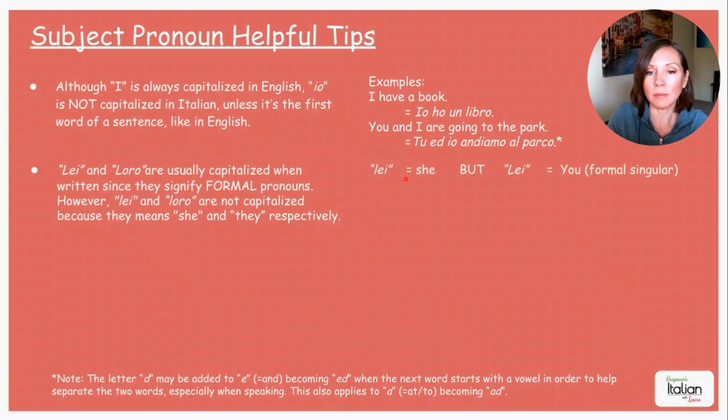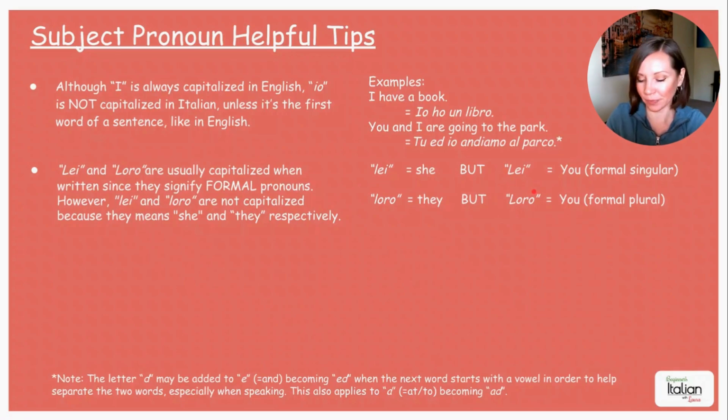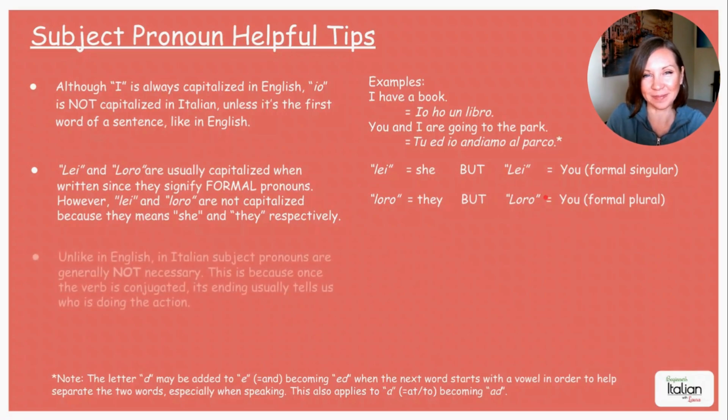Okay, so lei means she, but Lei capitalized means you in the formal singular. Likewise, loro means they, but Loro capitalized means you in the formal plural. But like we just said in the last slide, you're not generally going to be using this unless you're dealing with a lot of formal language. Okay, so it shouldn't be that confusing.